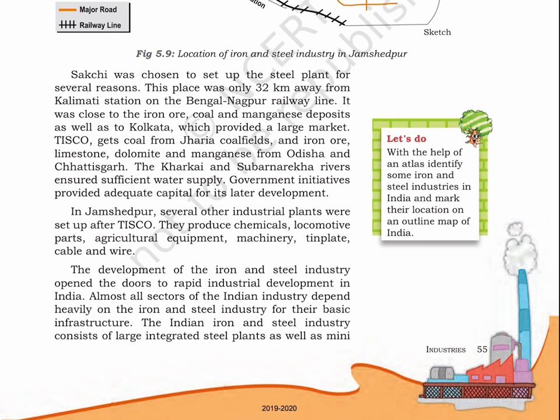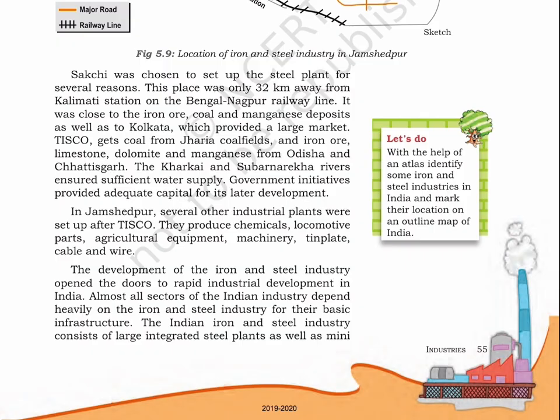TISCO gets coal from Jharia coalfields and iron ore, limestone, dolomite and manganese from Odisha and Chhattisgarh. The Kharkai and Subarnarekha rivers ensured sufficient water supply. Government initiatives provided adequate capital for its later development.